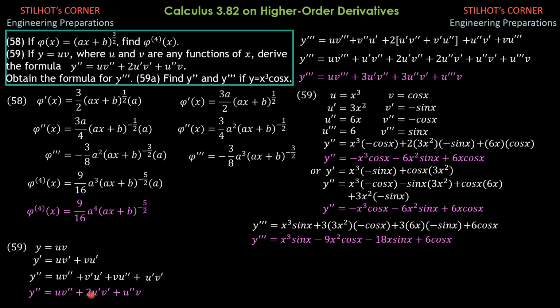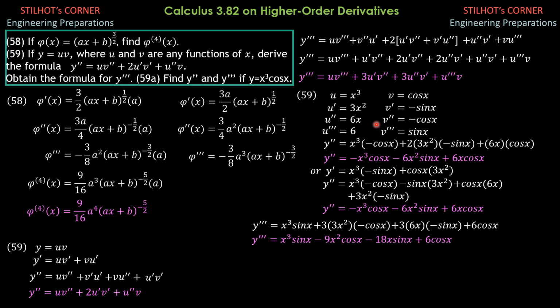So it's like expanding binomial u plus v squared, but the order of the first is from 0 to second derivative, while the order of the second is decreasing from second to 0, so to none.